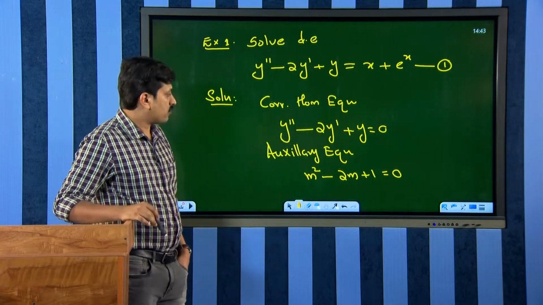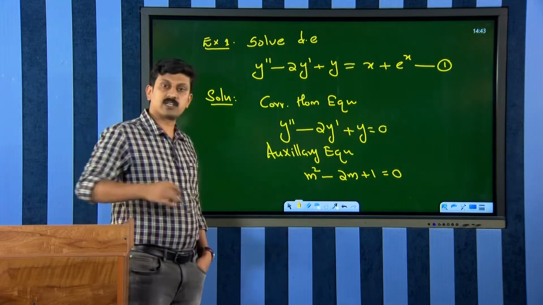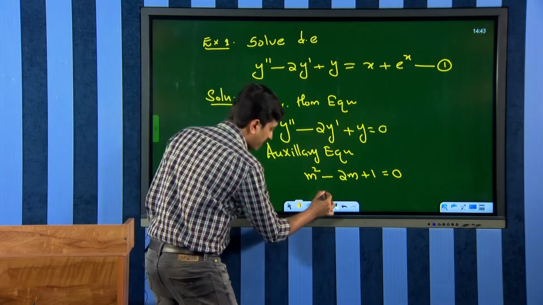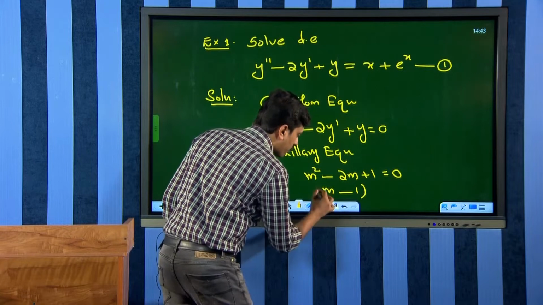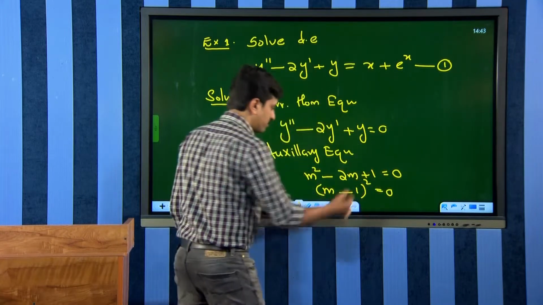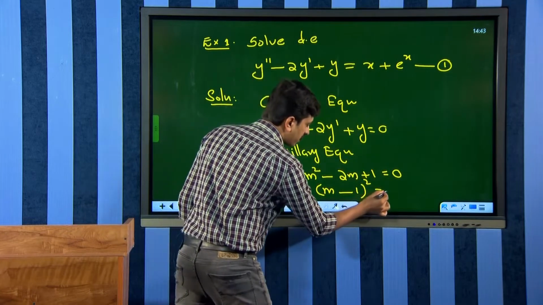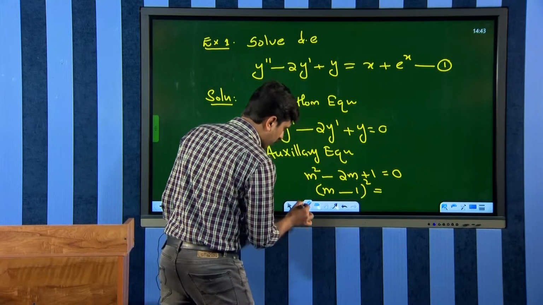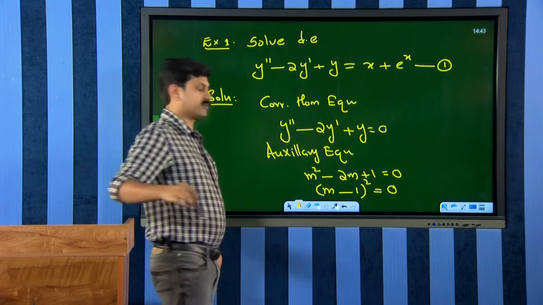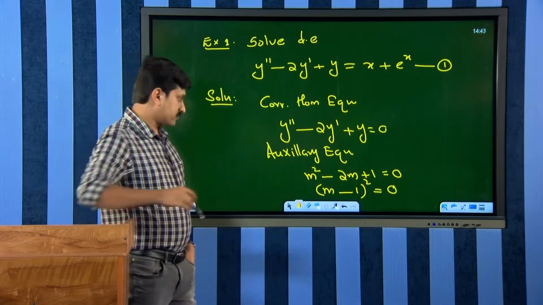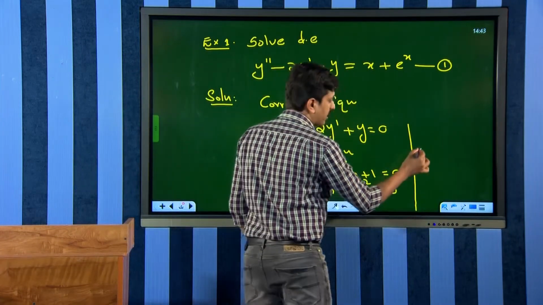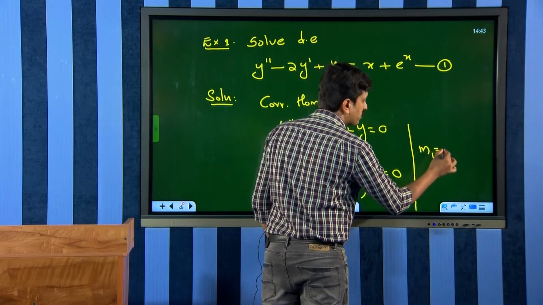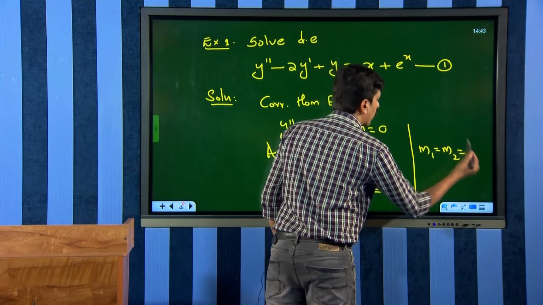We can write this as m minus 1 whole square is equal to 0. So we have m1 is equal to m2 is equal to 1.